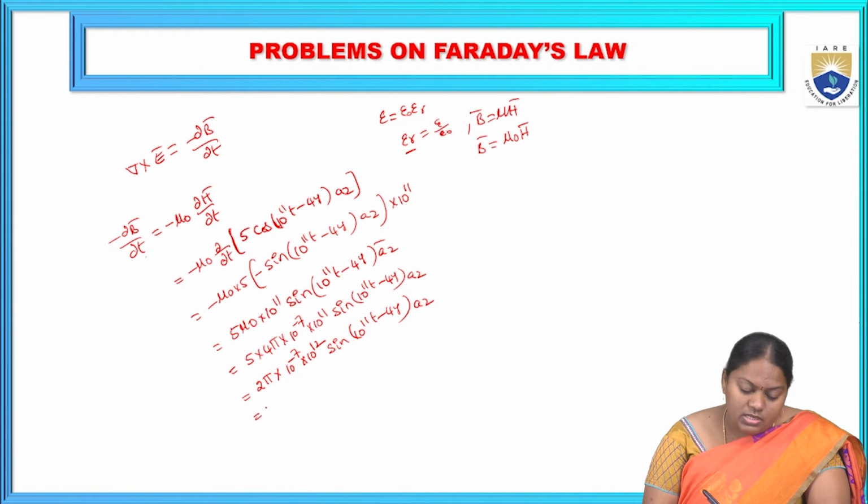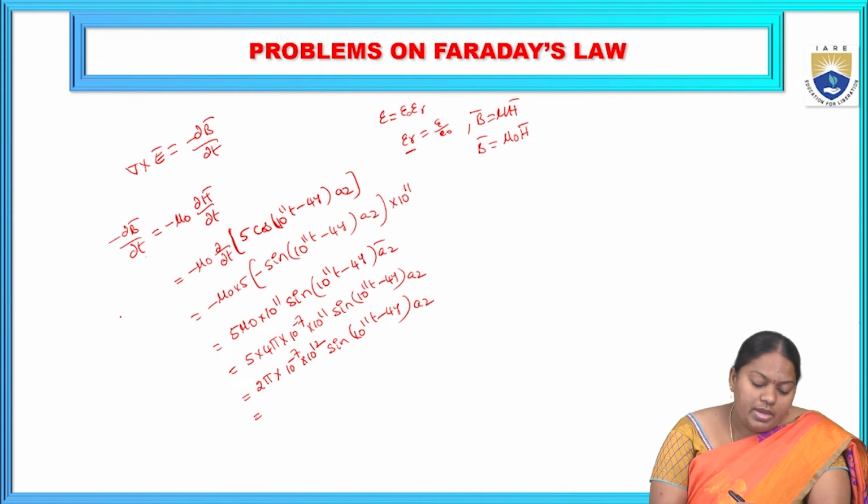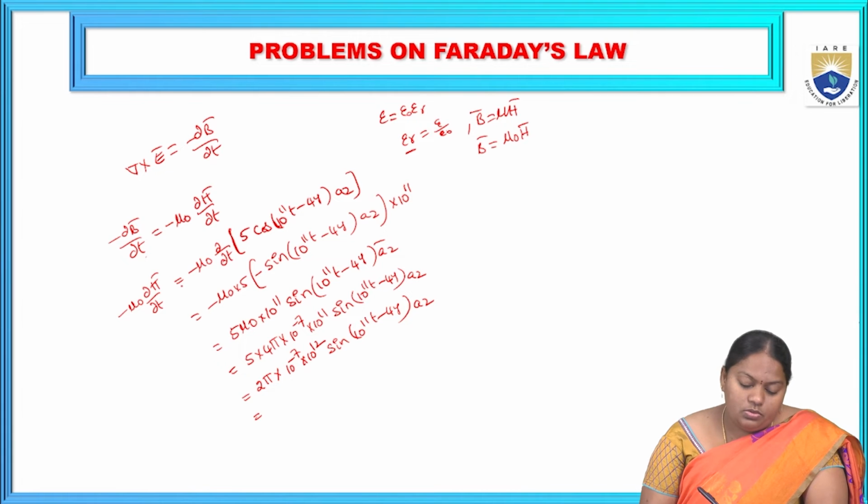So minus dou B bar by dou t, meaning minus mu naught into dou H bar by dou t, evaluates to 2 pi into 10^5 sine(10^11 t − 4y) into az, which is minus dou B bar by dou t.